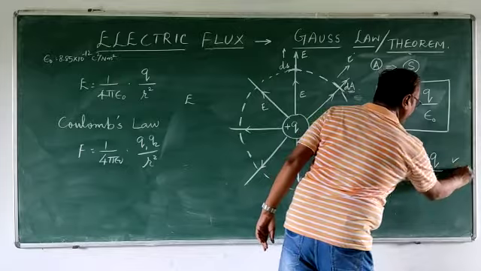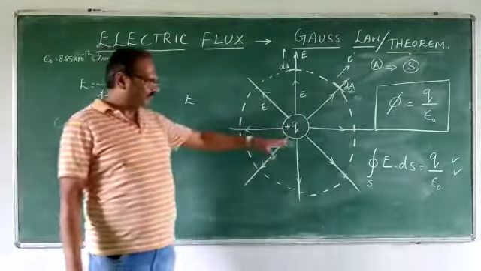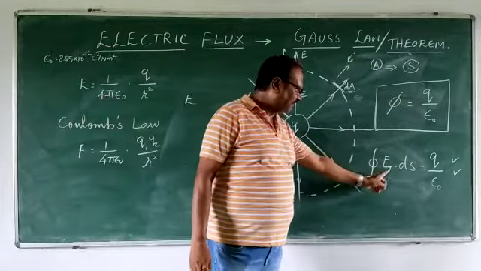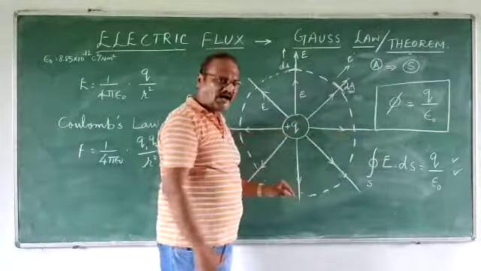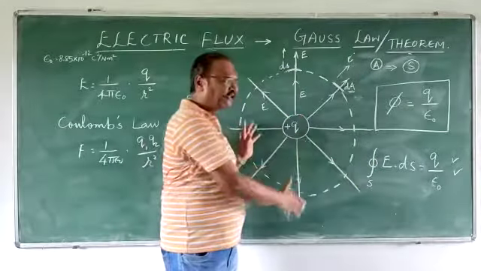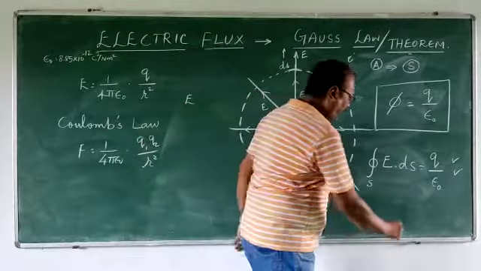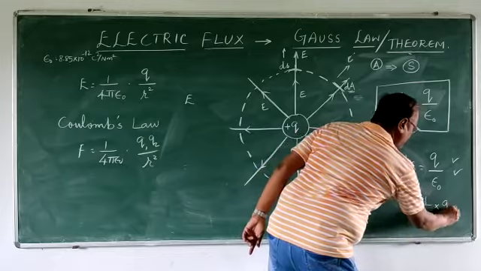This is another way of expressing the same Gauss theorem. The surface integral of the electric field over a given closed surface is equal to 1 upon epsilon naught times the charge.